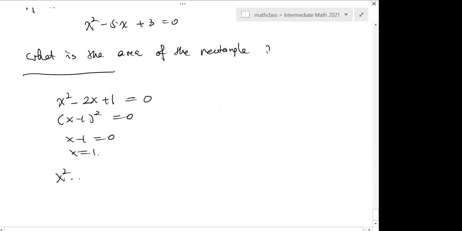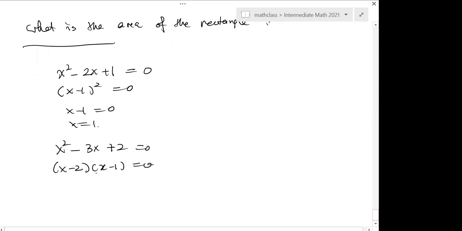Okay, so if we have x squared minus 3x plus 2 equals 0, there are a couple of ways to find the solutions. You can try to factor it. If you factor it, it's a product of two terms, so either x minus 2 equals 0 or x minus 1 equals 0, since the product is 0. So you get x equals 2 or x equals 1.